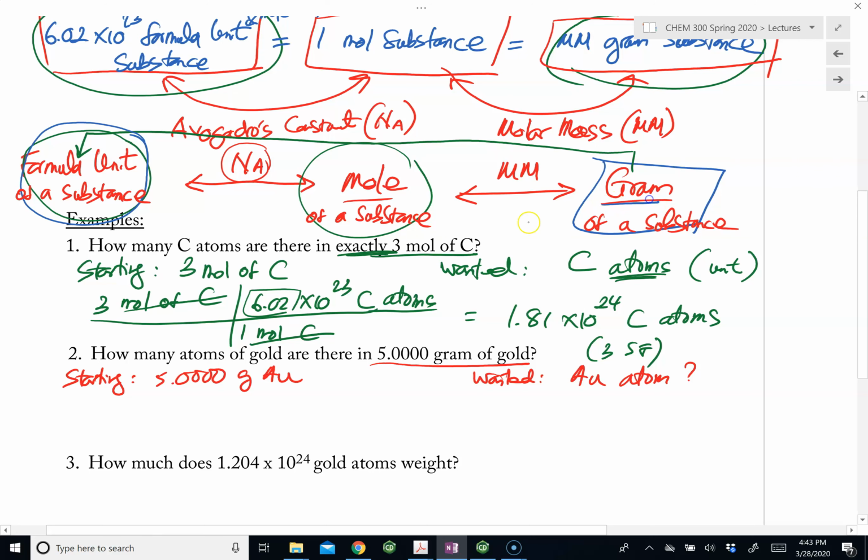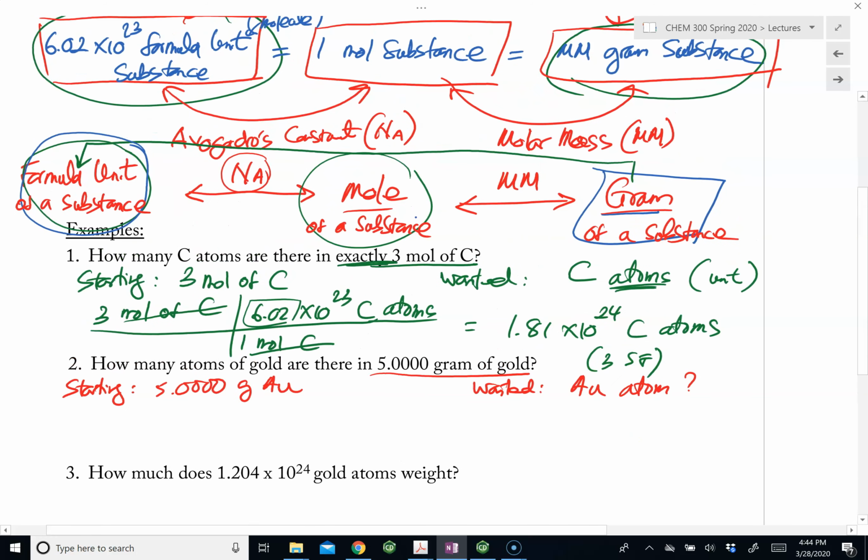We can go from gram into mole, and then from mole to units in here. So that will be the longer way. Or we can also go from gram into formula unit directly. So there will be a shorter way and a longer way. Thus, the more that we know how to use conversion factors, the faster we can solve problems. Instead of solving a problem in 2 steps, we can now solve this in 1 step.